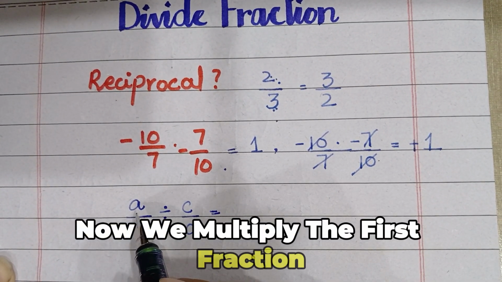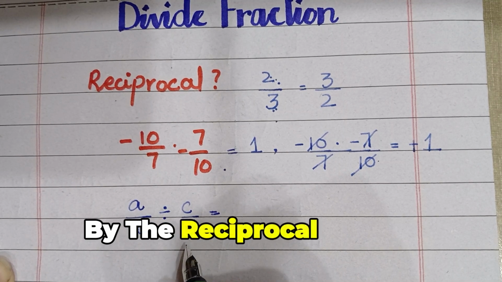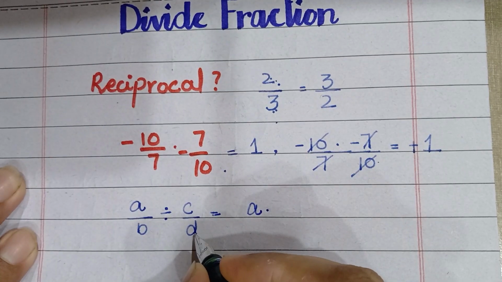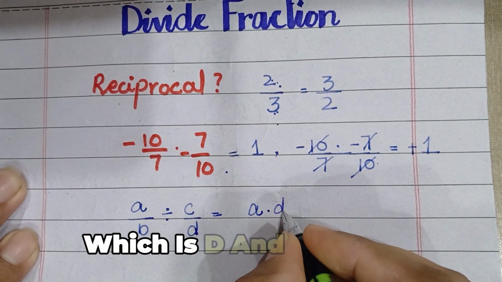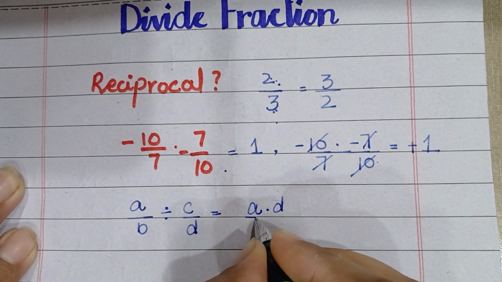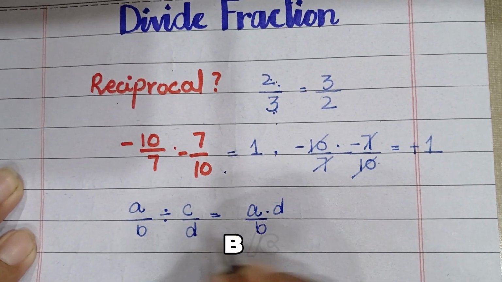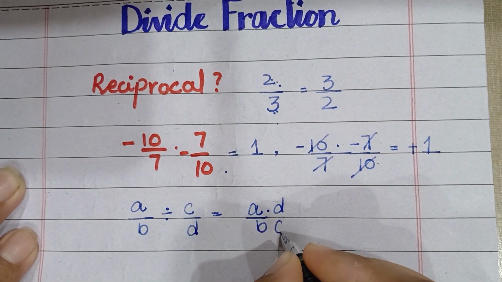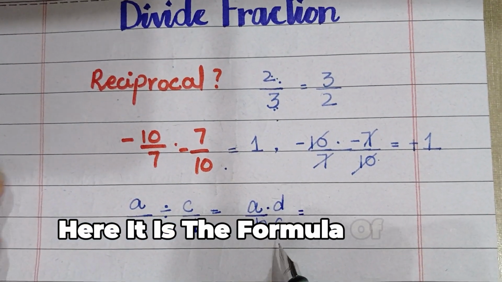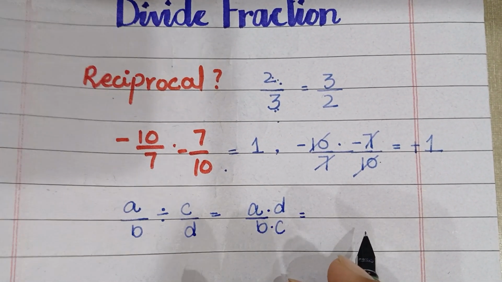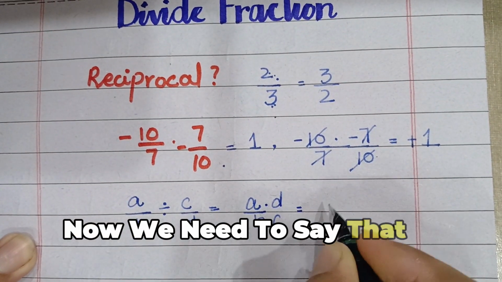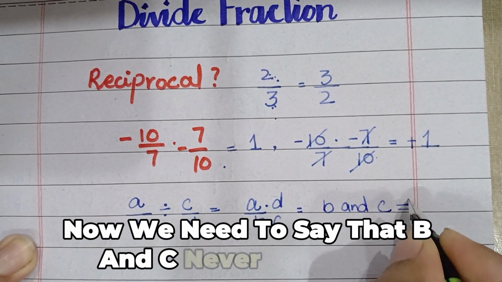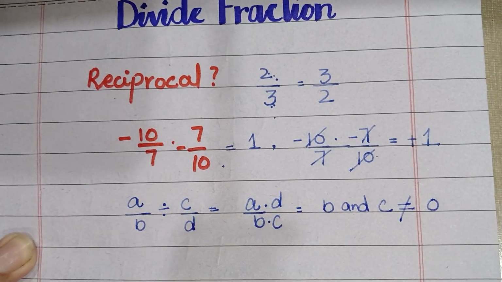The first fraction, A/B, is multiplied by the reciprocal of the second fraction, which is D/C. Here is the formula for dividing fractions. Now we need to say that B, C and D never equal 0.